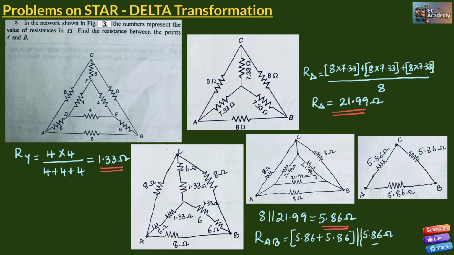The equivalent resistance between A and B will be 3.90 ohm. So 3.90 ohm is the equivalent resistance between the points A and B.